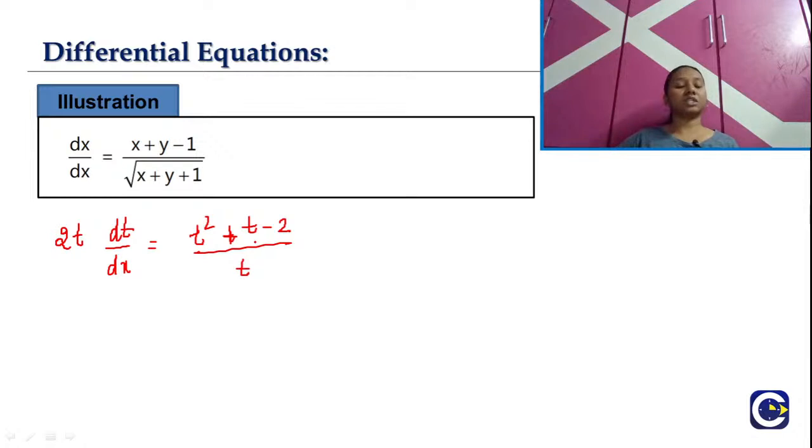What will be the further simplification here in order to do the integration? Quickly write that step and start doing the integration here, because you are familiar with the integration. So quickly do that.